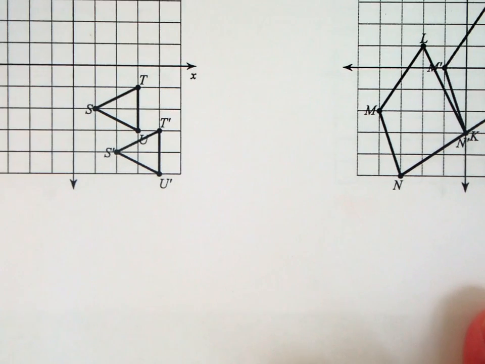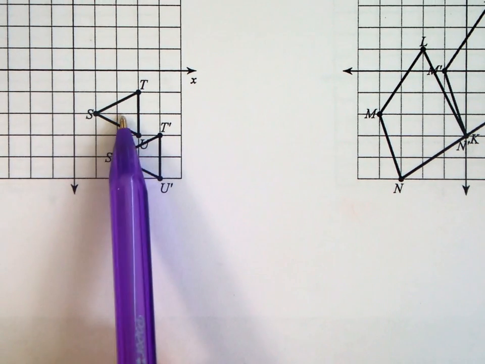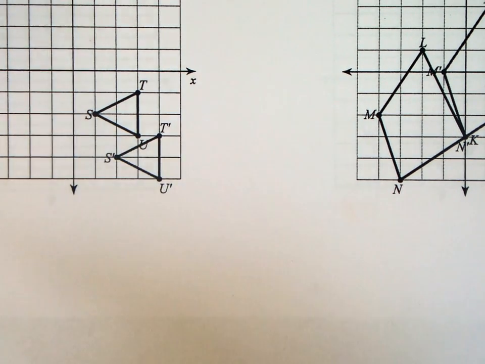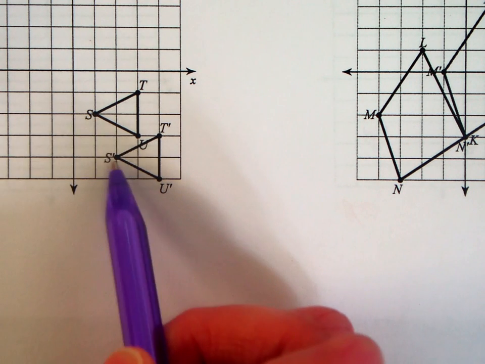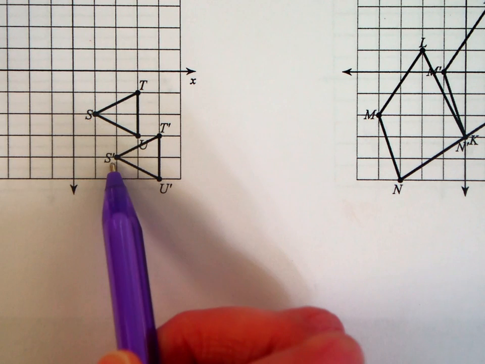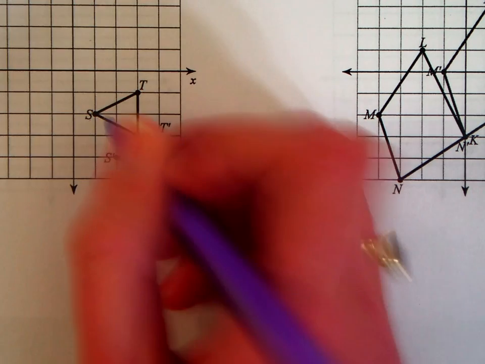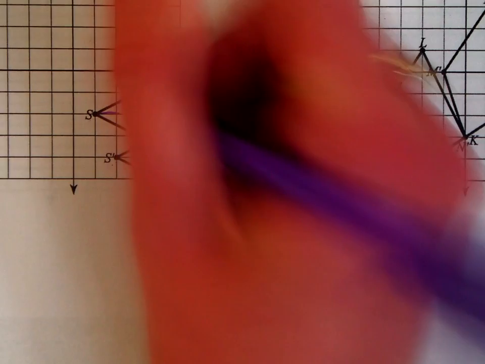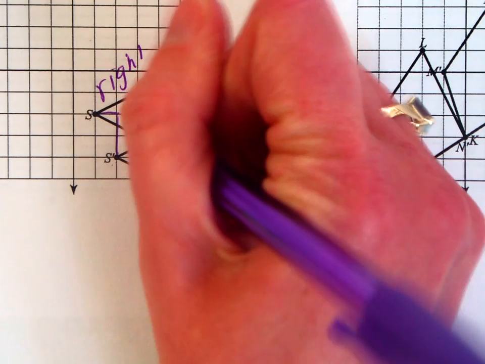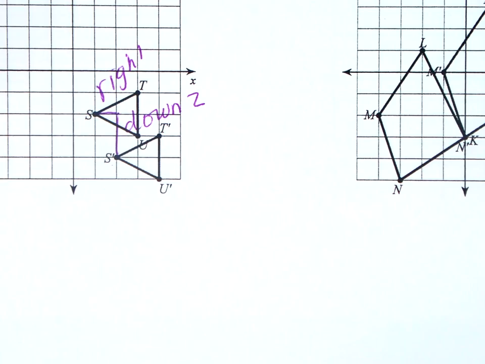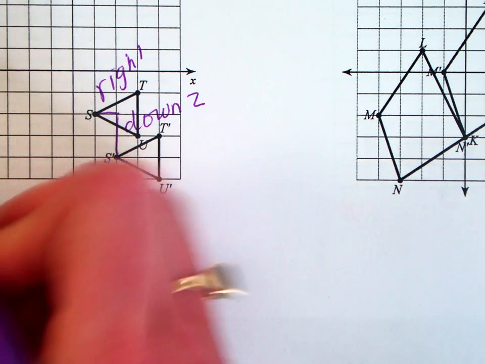All right, and then a couple more with some figures here. We got a triangle, and we really just have to look at how we go from one point to the next, the S to S prime. So it looks like we had to go to the right 1, and then we move down 2. So I can write that out as a rule.